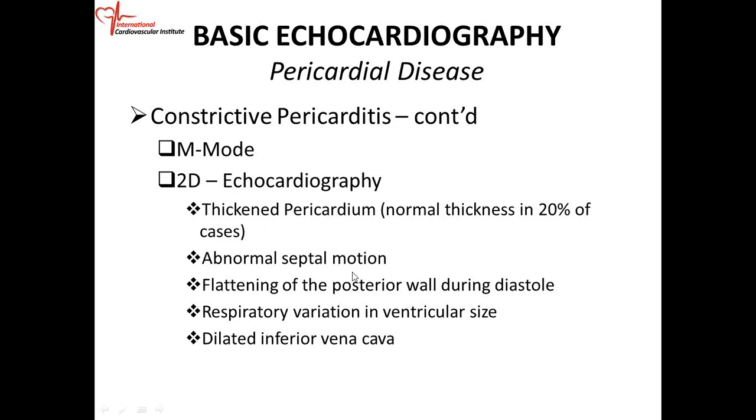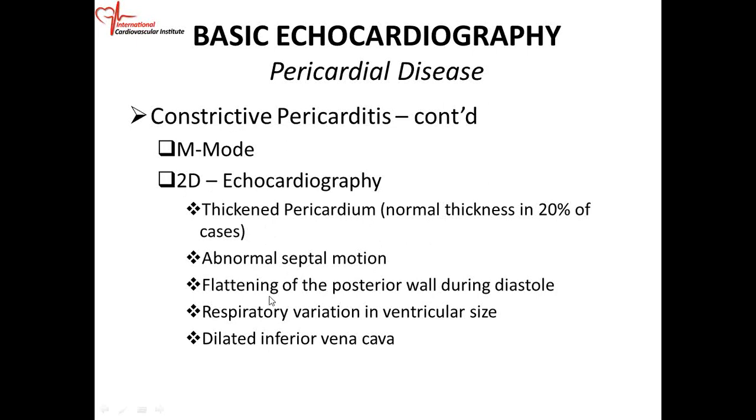This is key though, abnormal septal bounce. If they have constrictive pericarditis, they're going to have the abnormal septal bounce. So in inspiration, the septum is going to move to the left because of increased blood flow into the right ventricle. In expiration, the septum is going to move to the right because you have increased blood flow into the LV.